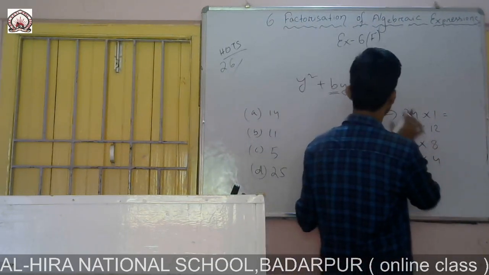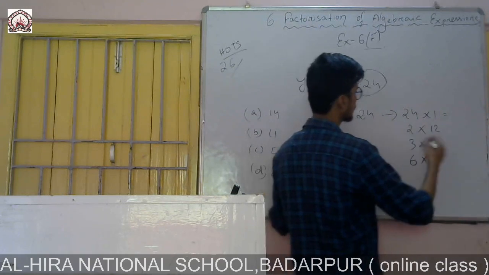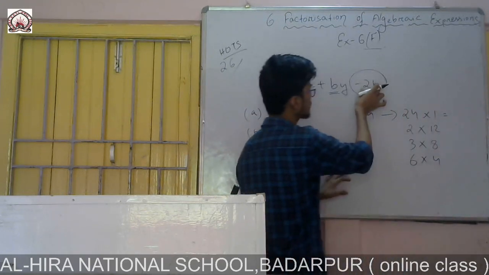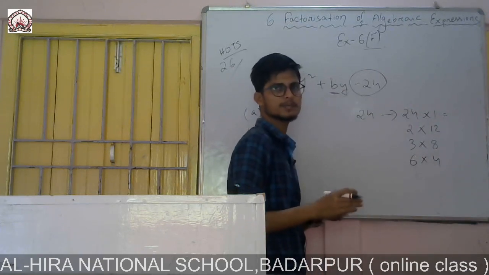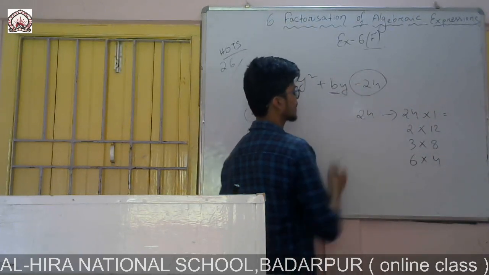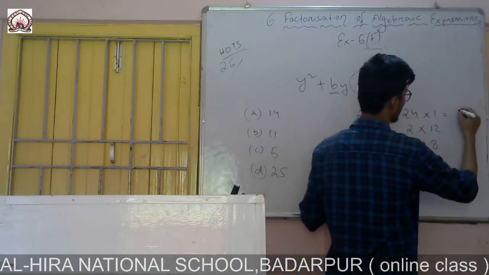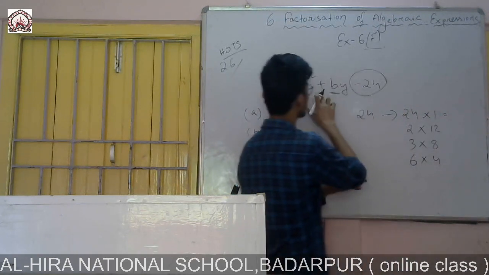Okay. So since it is minus, one term will be positive and the other will be negative, since there is a minus sign. So let me write 24, the greater number will be bigger because here it is plus sign.